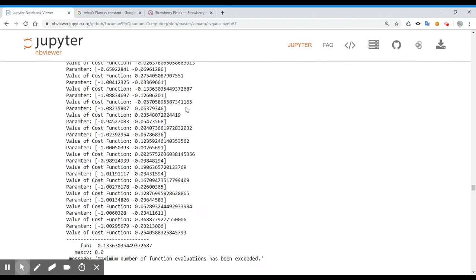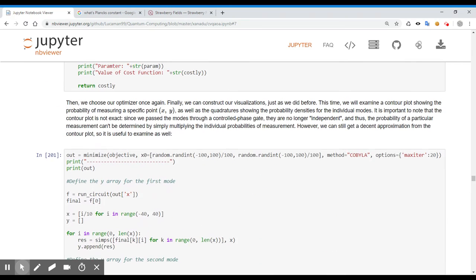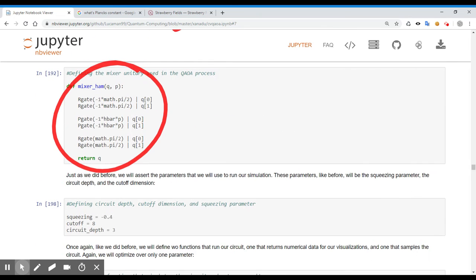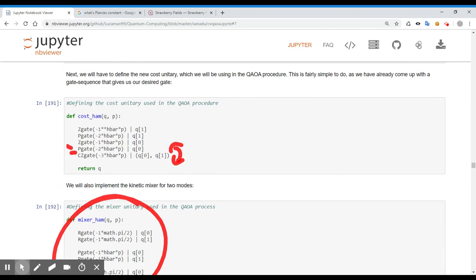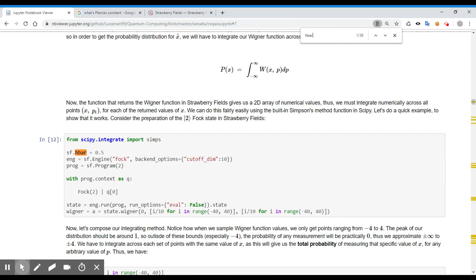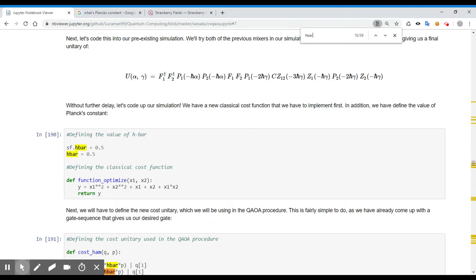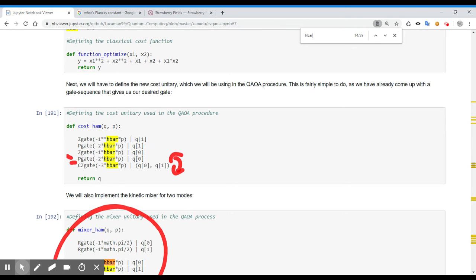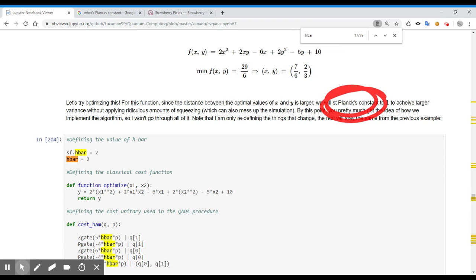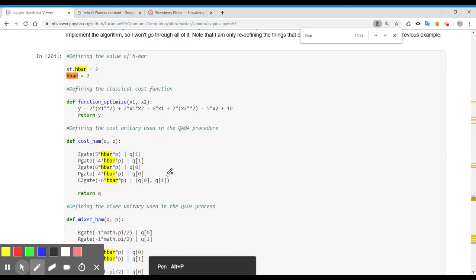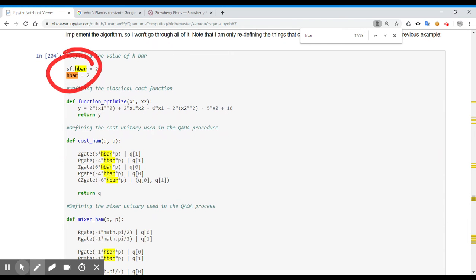Jack, if you say you're going to change H bar, then change it, because you haven't. You said H bar 1.